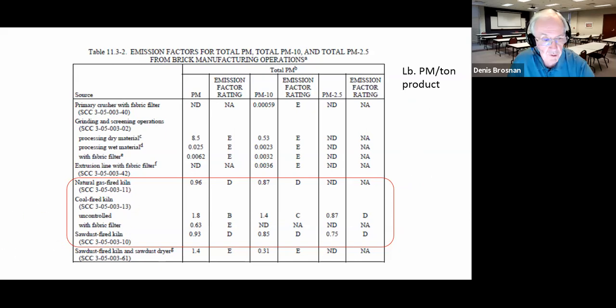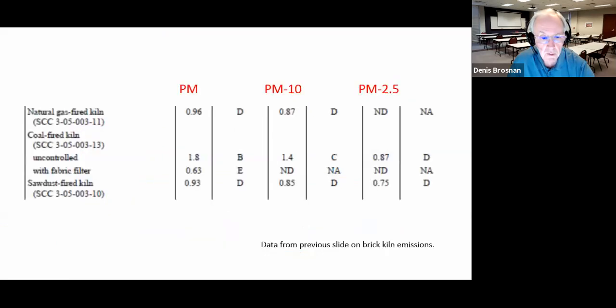Now, this is a little hard for me to read, so I did take that section out so that you could see it. And so here's total particulate matter in pounds per ton. Natural gas, 0.96 pounds per ton. Now that's out of the kiln. That doesn't mean it came from the fuel combustion, because natural gas is considered a clean fuel.